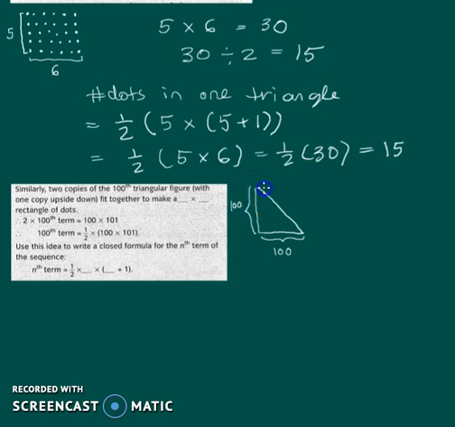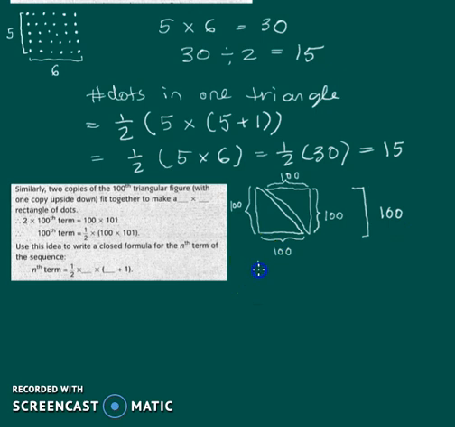And now we're going to add another triangle that's identical upside down to make a rectangle. And we know that this triangle also has 100 here and 100 here. Okay, so how many dots are there all together in this triangle? Well, we know that on this side here, there are 100 dots.